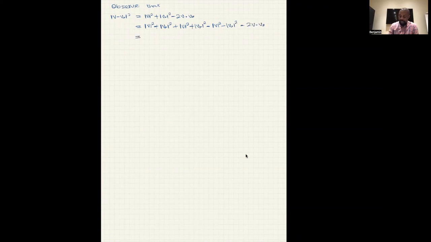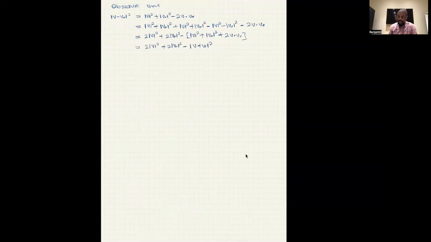This can be rewritten as 2 times the absolute value of V squared plus 2 times the absolute value of V star squared minus the absolute value of V squared plus the absolute value of V star squared plus 2 times V dot V star. This is also equal to 2 times the absolute value of V squared plus 2 times the absolute value of V star squared minus the absolute value of V plus V star squared.